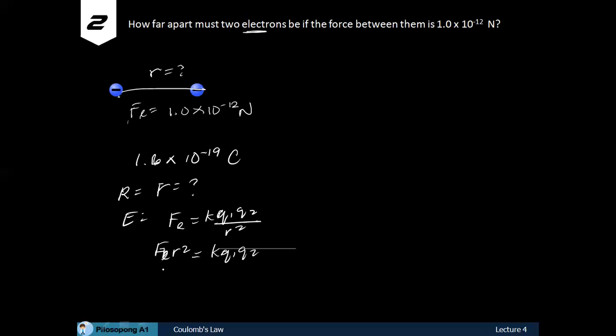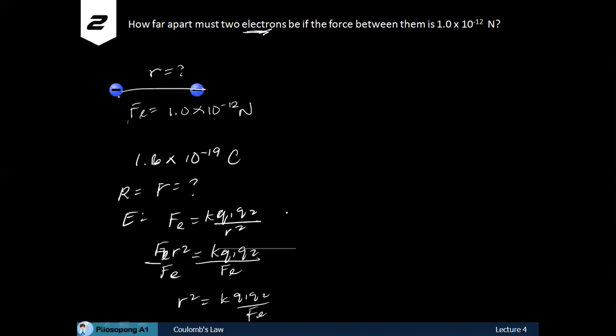Then divide both sides by Fe. And we get R squared which is equal to K Q1 Q2 over Fe. We can still simplify it since we have two electrons with the same charges.